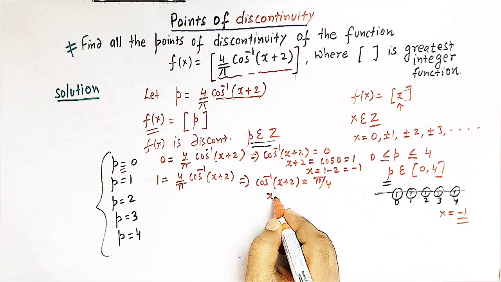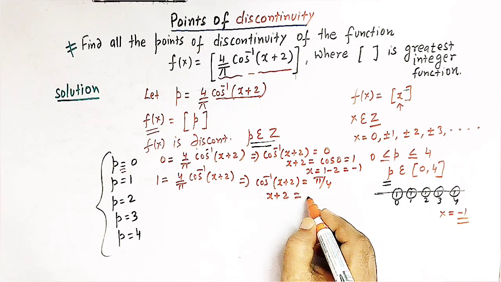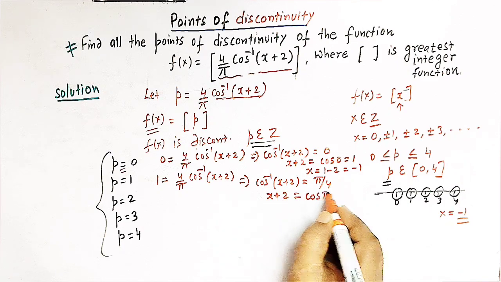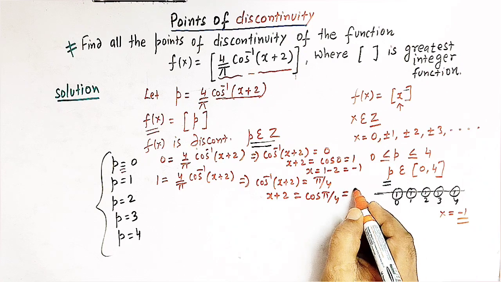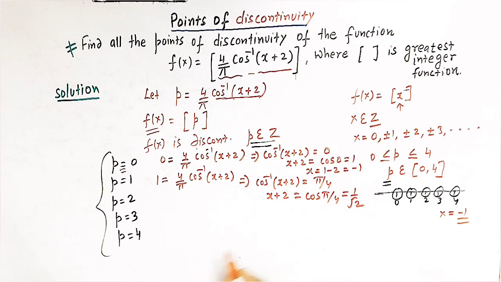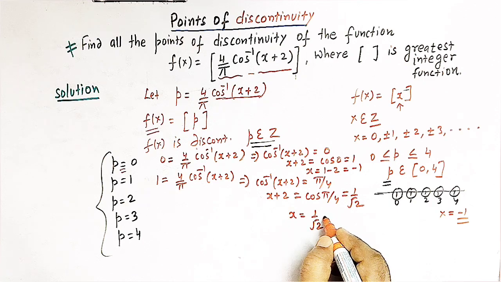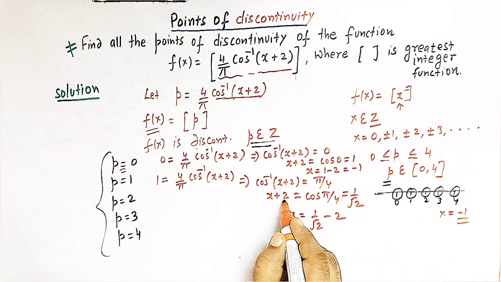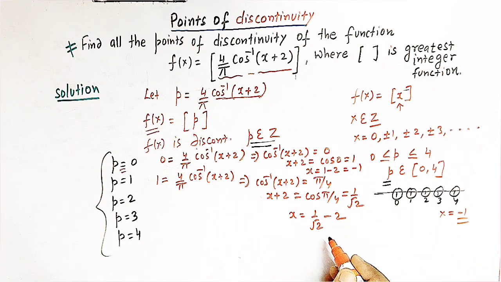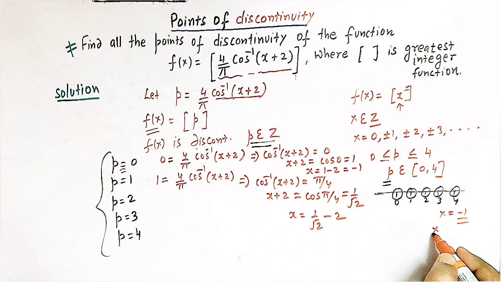So now we can write x plus 2 is equal to cos of pi by 4, that is 1 over square root of 2. Now x is equal to 1 over square root of 2 minus 2. So we can shift this 2 to the right hand side. So the second point is 1 over square root of 2 minus 2.